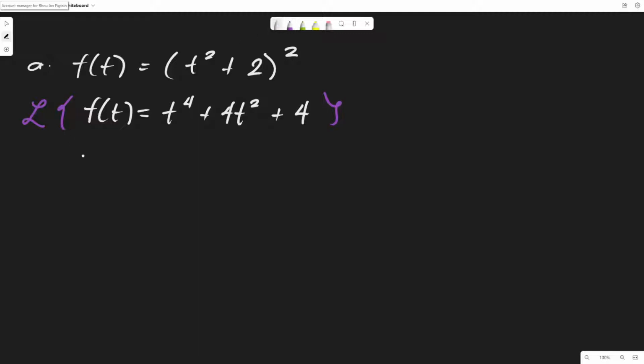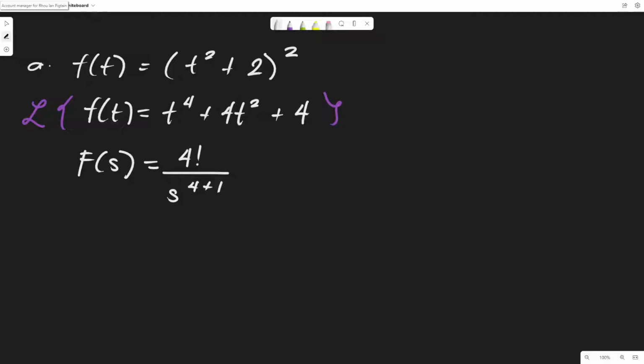So we have F of s is equal to, what is the Laplace transform of t to the fourth? The Laplace transform of t raised to n is equal to n factorial over s raised to n plus 1. So we have 4 factorial over s raised to 4 plus 1.